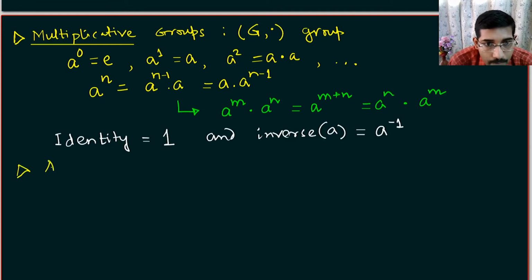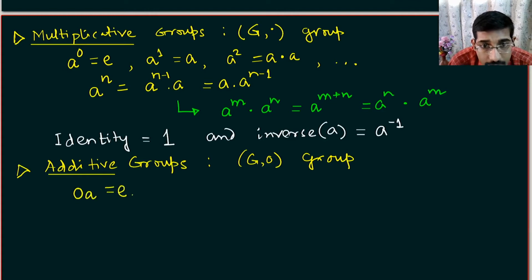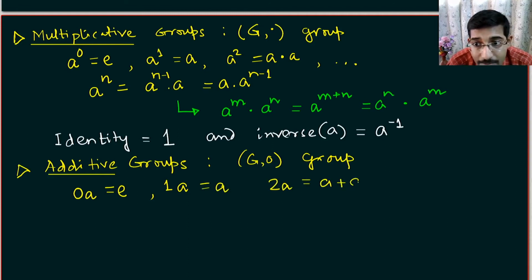Now, for the additive groups, again here G,O is a group. For the additive group, I will write it this way: 0A is my E, 1A is my A, 2A is basically A plus A. Just a clarification, this is additive, so I need to have addition.